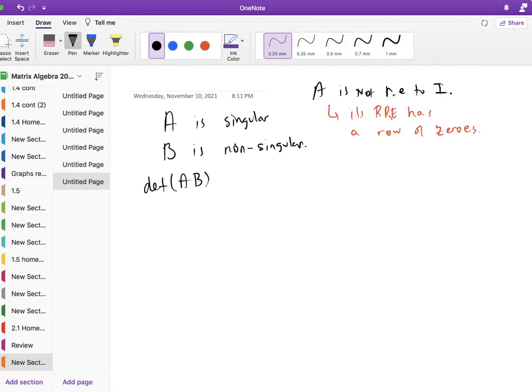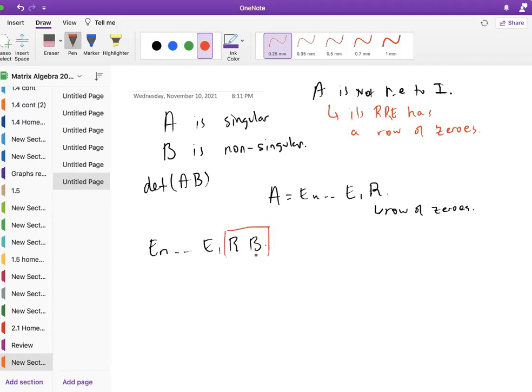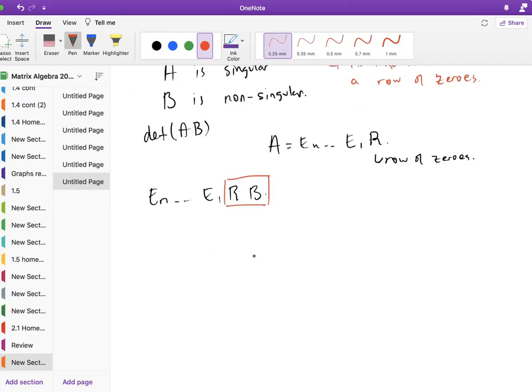Okay, so let's think about that. Let's say A is equal to a bunch of E's, but instead of times the identity, it's multiplied by some, let's call it R, where this has a row of zeros. Okay, so let me ask you this. I have E_n to E_1 times R times B. What do you know about the product RB?